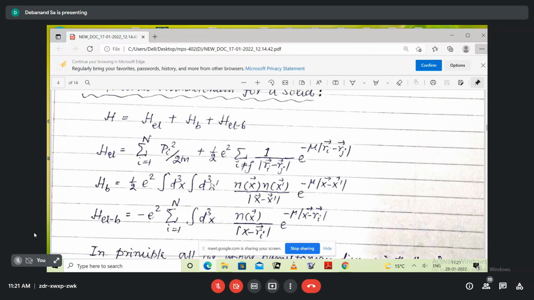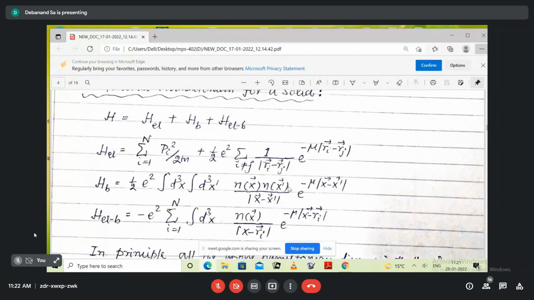So for ionic interaction, your ions can have an interaction again similar to this, half e square. And by the way, for electrons, just to differentiate, I have put a sum here, and here I have put an integral. This can also be a sum, there's no problem.